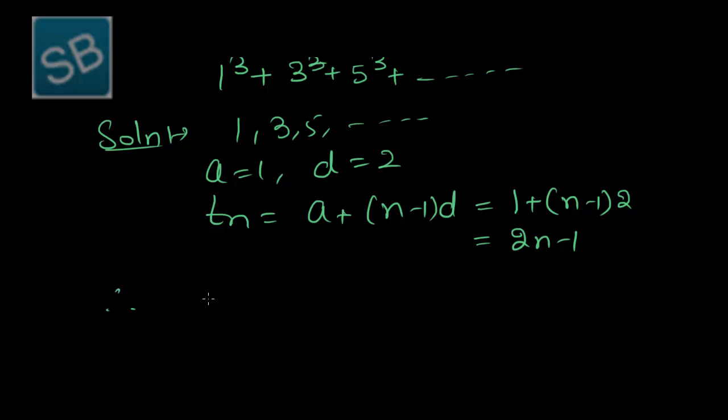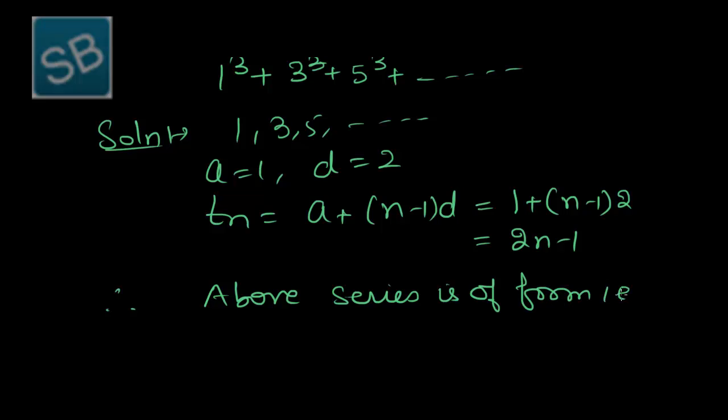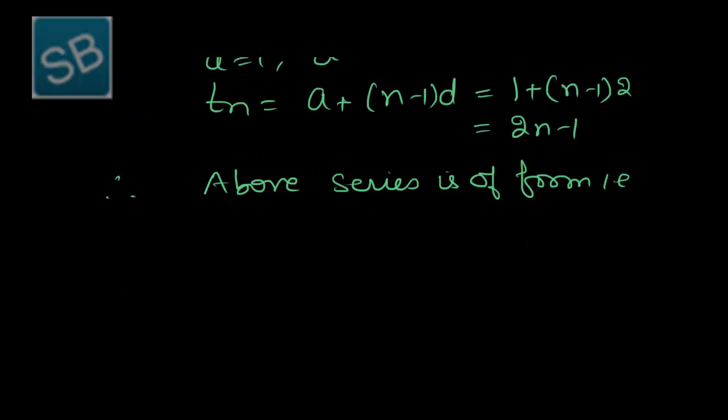Therefore, the above series is of the form Sn equals summation r from 1 to n of 2r minus 1 whole cube.